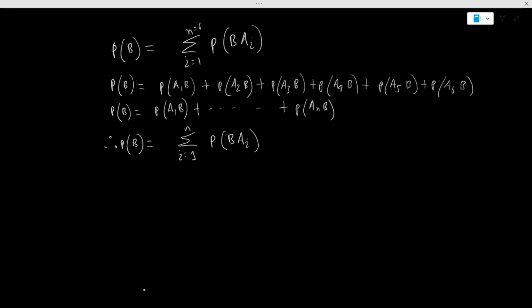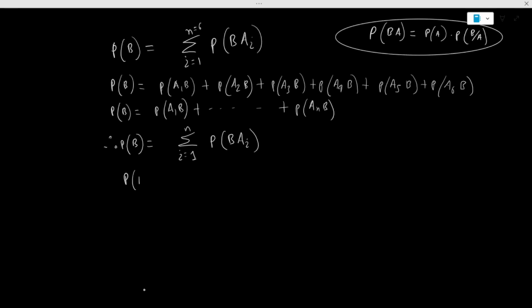Now if we expand probability of B and Ai, it is probability of Ai into probability of B when we know Ai. Then probability of B is equal to the summation over i equals 1 to n of probability of Ai into probability of B conditional on Ai.